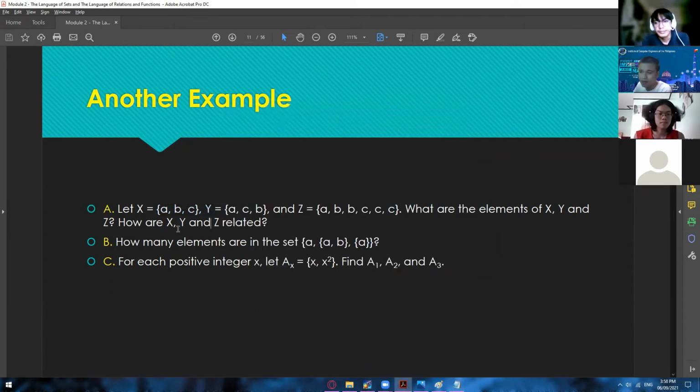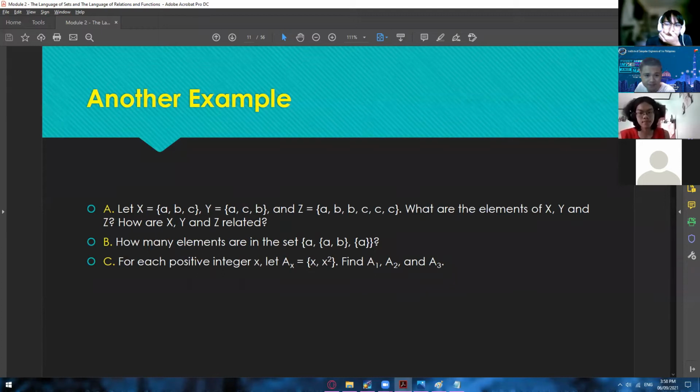How are X, Y, and Z related to each other? I think this is super easy once you've answered the first question. Guys, instead of typing, it would be better if you just speak.